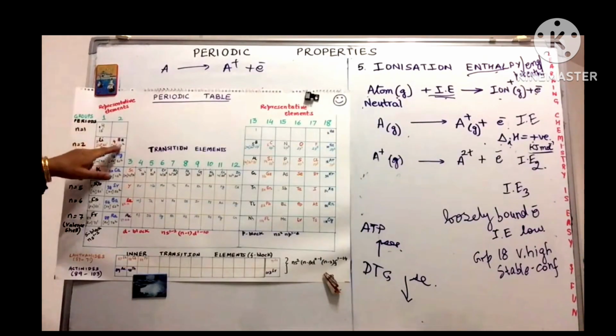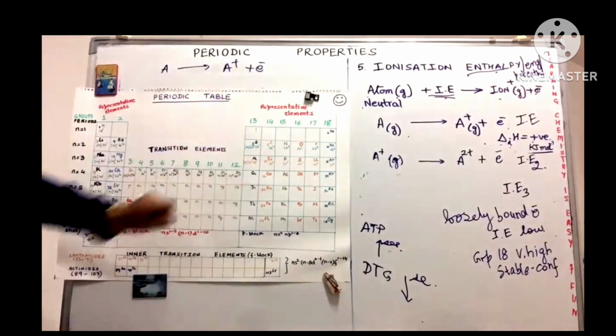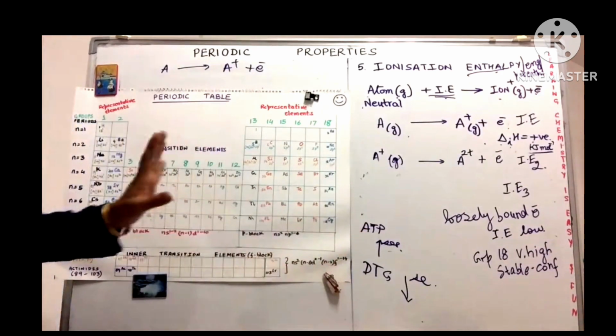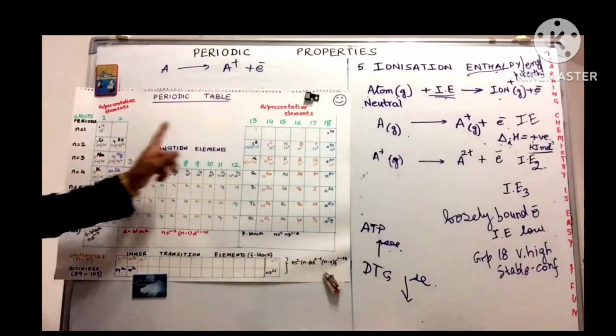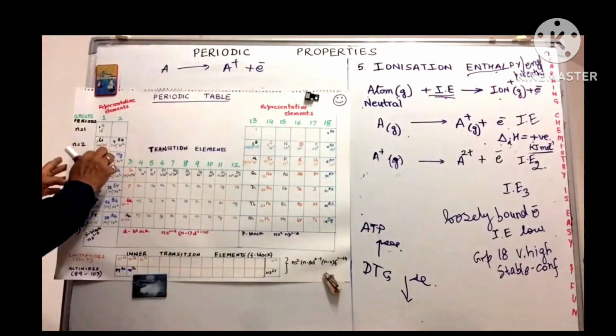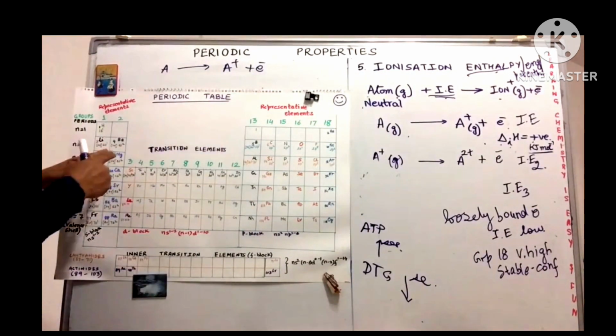Okay, let's compare something else also. You have magnesium and you have aluminium. Now I am saying that across the period, in general, ionization enthalpy should increase, right? That's what we said just now. Across the period it increases.